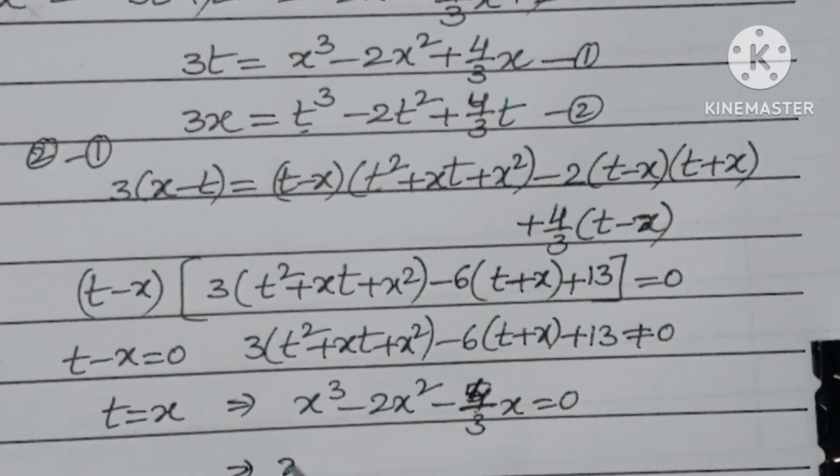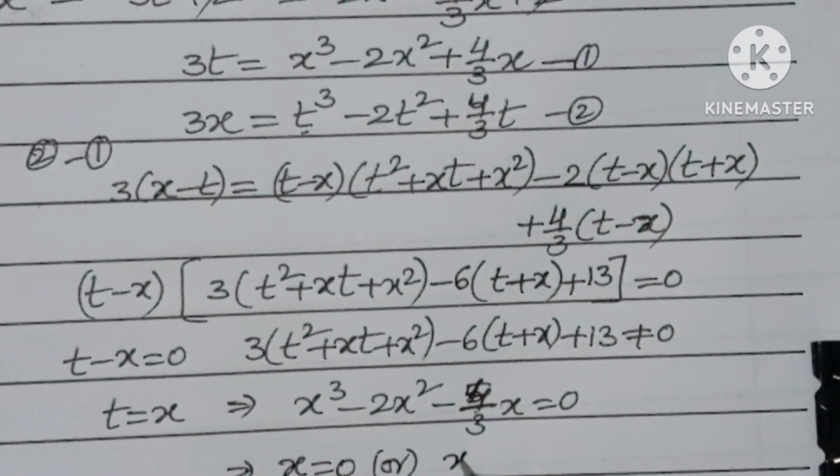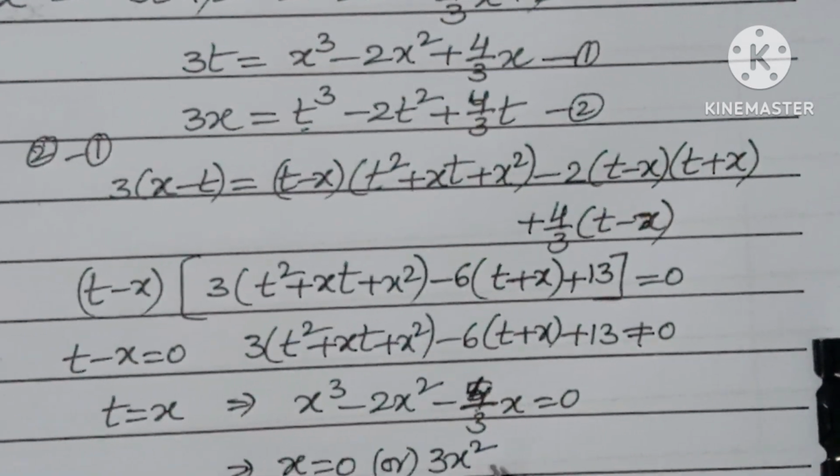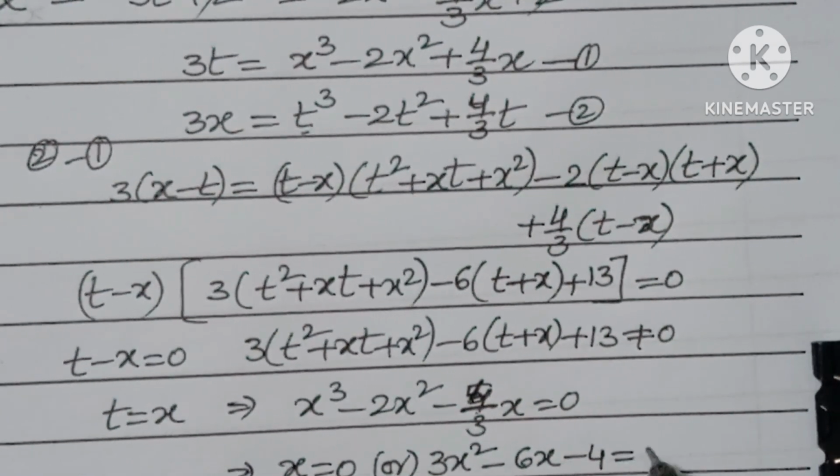Here you can write x is equal to 0 or 3x square minus 6x minus 4 equal to 0.